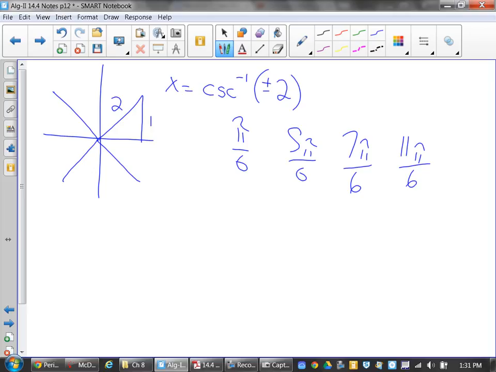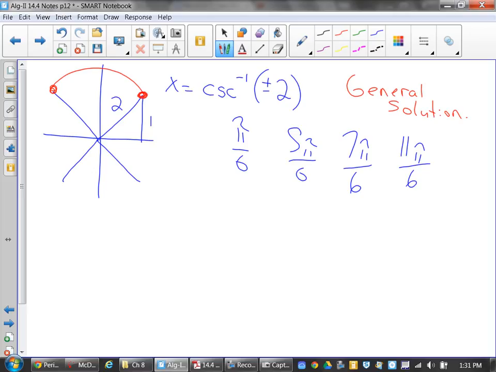But what I'm looking at a little bit differently here is what we call a general solution. I'm going to write these 4 angles out in the most basic manner. So we start at our first angle. To get from here to here is X amount of the circle. You agree?